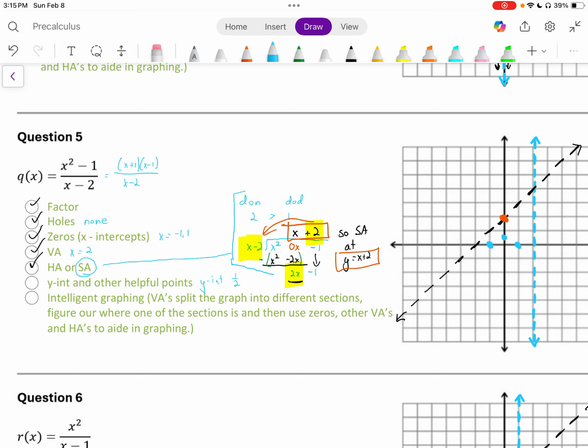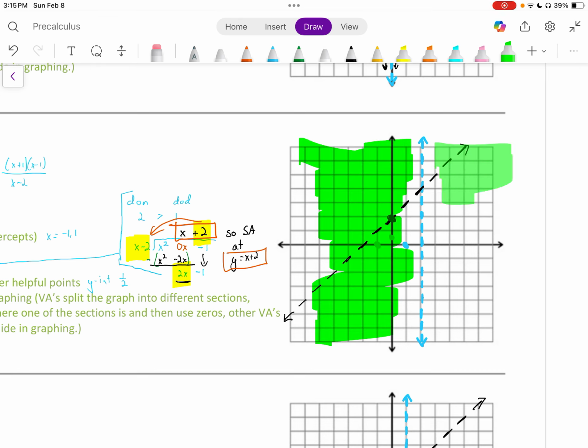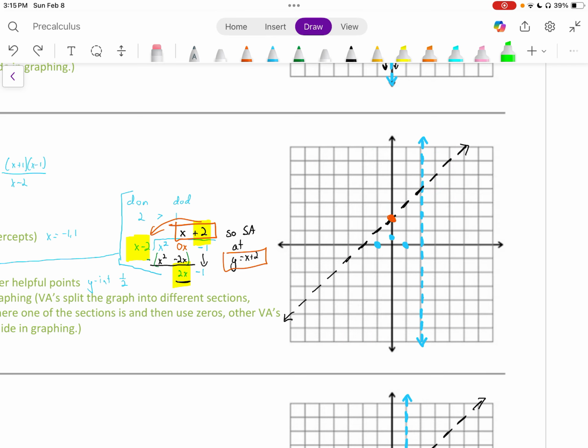Once again, we use our vertical asymptote to split the graph into two sections. So we have the left and we have the right, and we want to graph there. So as we think to the left, this one's probably pretty easy to see. It can't be this branch because it doesn't hit the x-intercept.